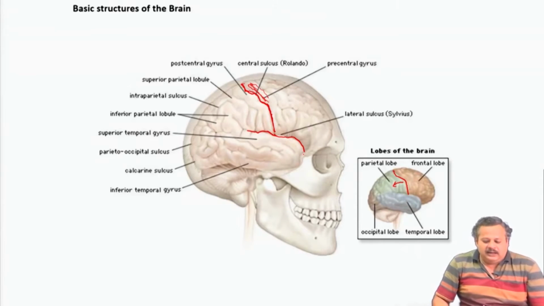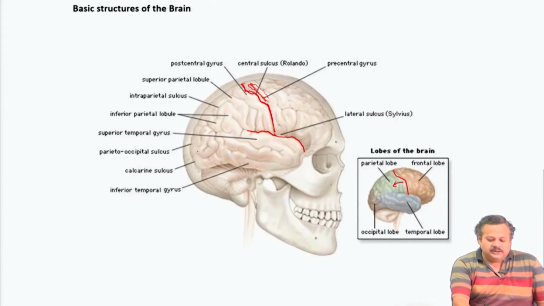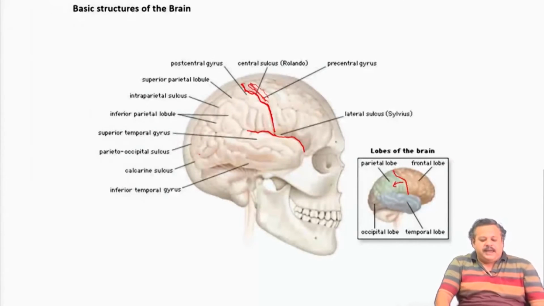And at the very back of the brain is the occipital lobe, which is the main structure for visual processing. So, primary visual areas and visual association areas are present in the occipital lobe, and they are also separated from the others by another sulcus.